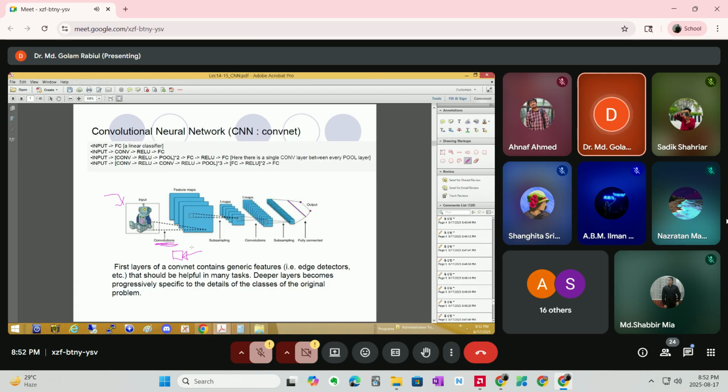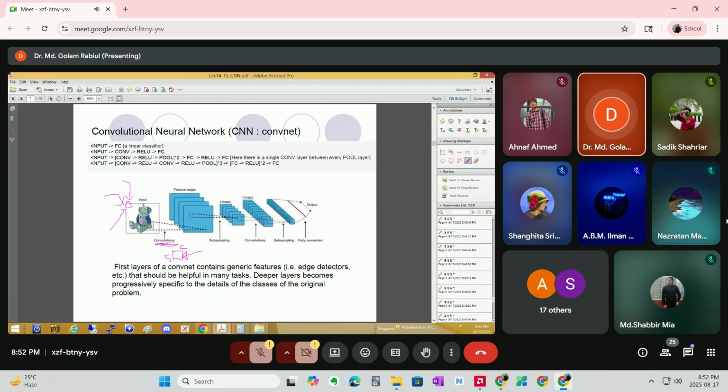Like this can be considered a 5 by 5 filter, which means 5 by 5 pixels. Each and every time it will do the convolution operation on a patch of size 5 by 5, and find out the feature for this 5 by 5 patch.